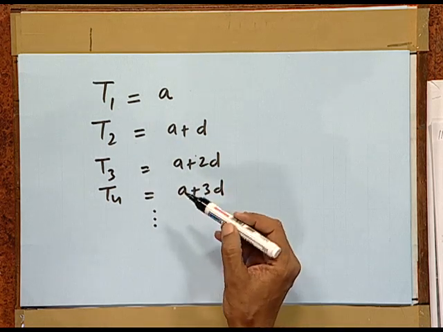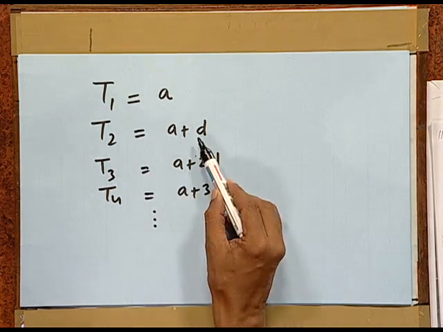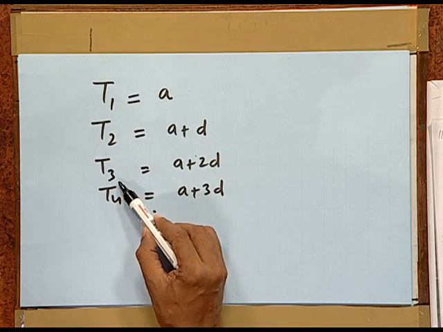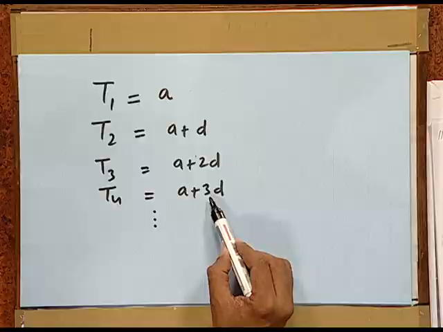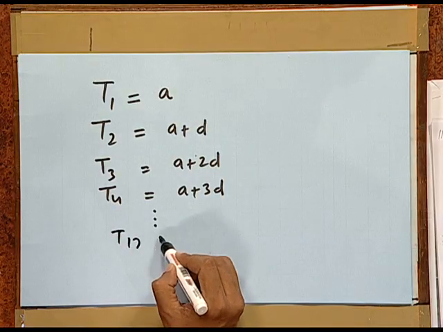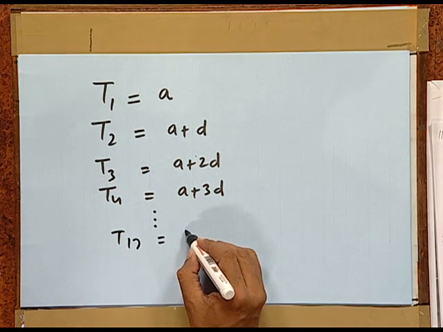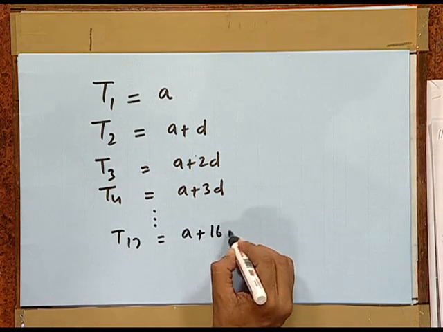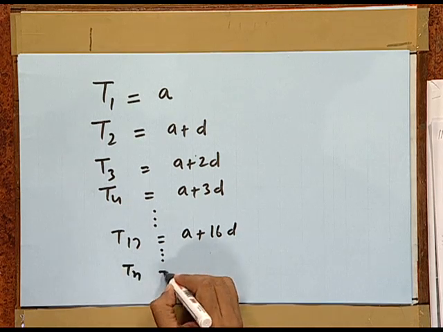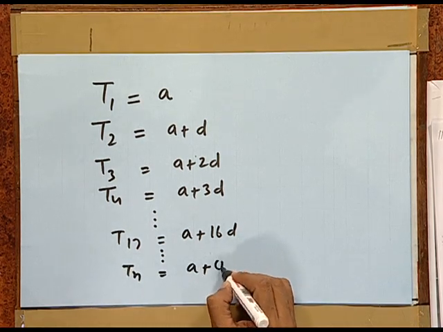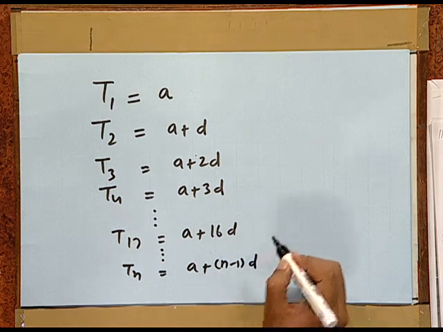For instance, in the second term there is just 1 D, in the third term there are 2 D's, in the fourth term there are 3 D's. So, we can expect that in the 17th term there will be 16 D's, because 16 is just 1 less than 17. In this way, in general, Tn is equal to A plus (n minus 1) D.